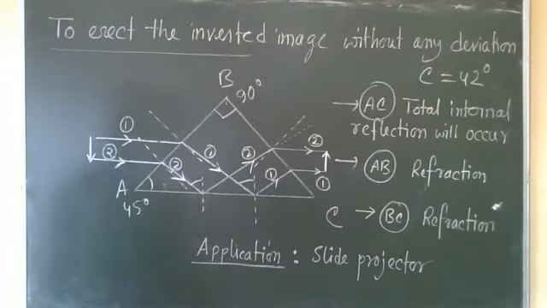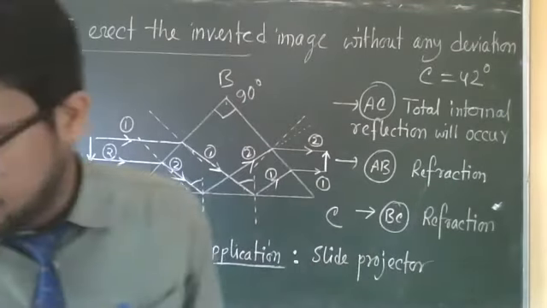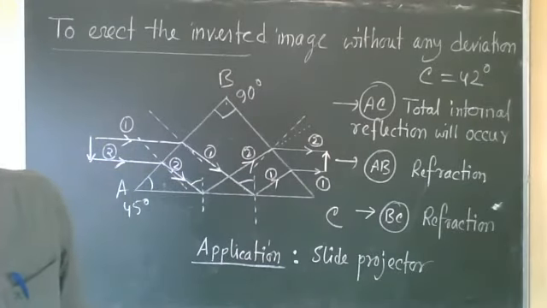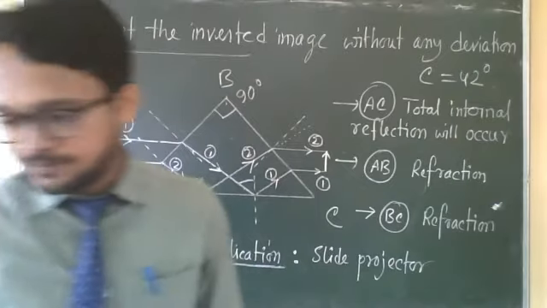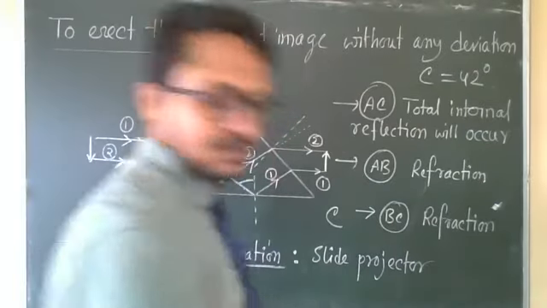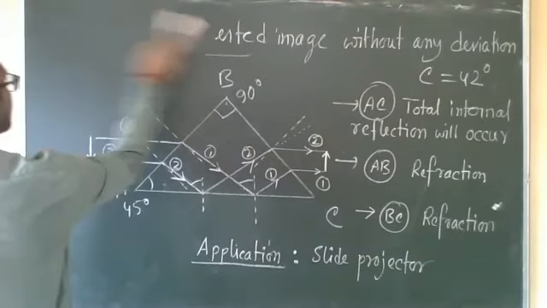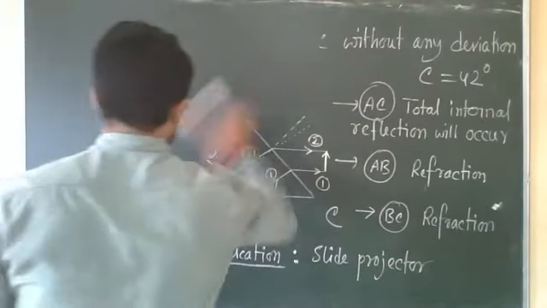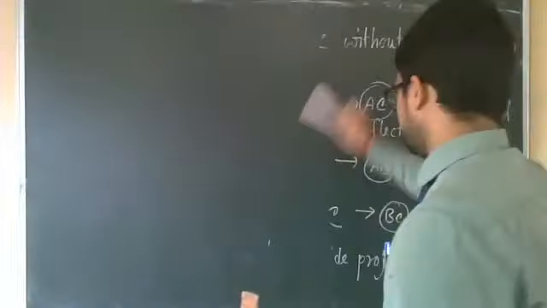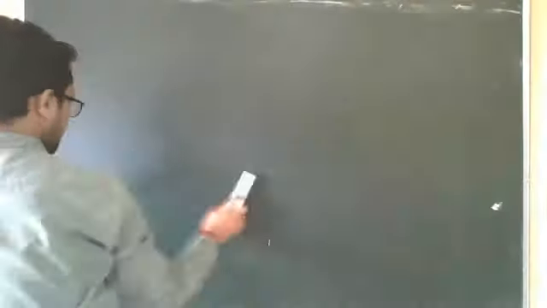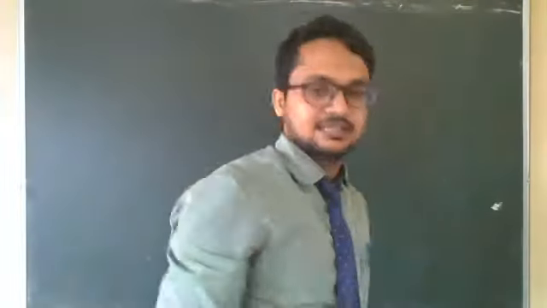Clear. Now come to the next ray diagram, that is total internal reflection through a prism where each angle is 60 degrees. That means an equilateral prism, and light is incident normally at one surface. For an equilateral glass prism, C is 42 degrees. If it is mentioned that it is a glass prism, we will take C as 42 degrees, or if it is given in the question that C is this much, we'll take that.